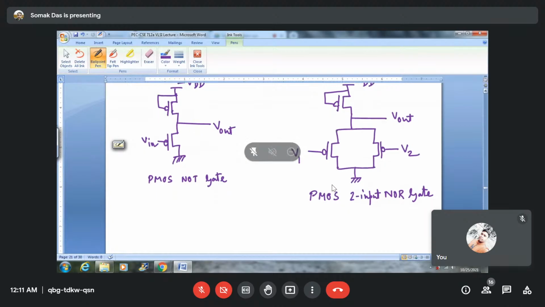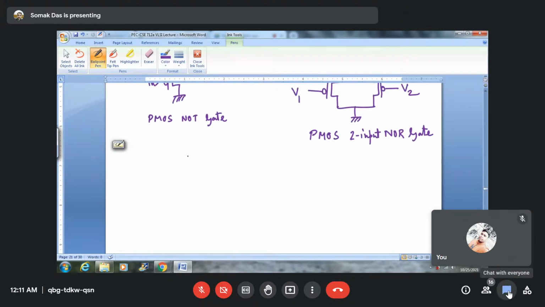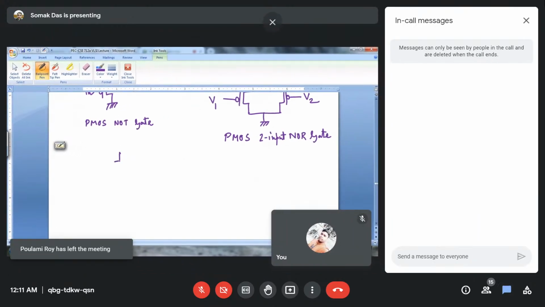Similarly, we can draw the PMOS 2 input NAND gate. So again, the load transistor remains the same.